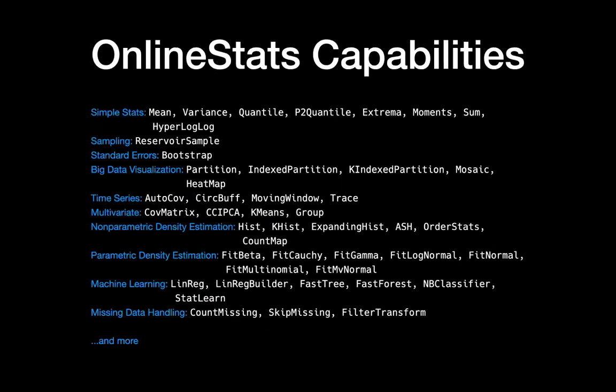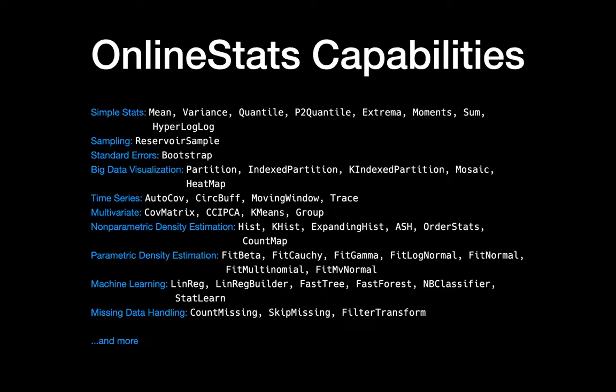So let's talk about the capabilities of OnlineStats. I started working on this package back during my PhD, which would have been 2014, 2015, and I've just been incrementally adding things over time. The whole idea was to figure out how to do the different categories of statistics in an online manner. We started with things like means and variances and quantiles, and then moved on to more complicated stuff.